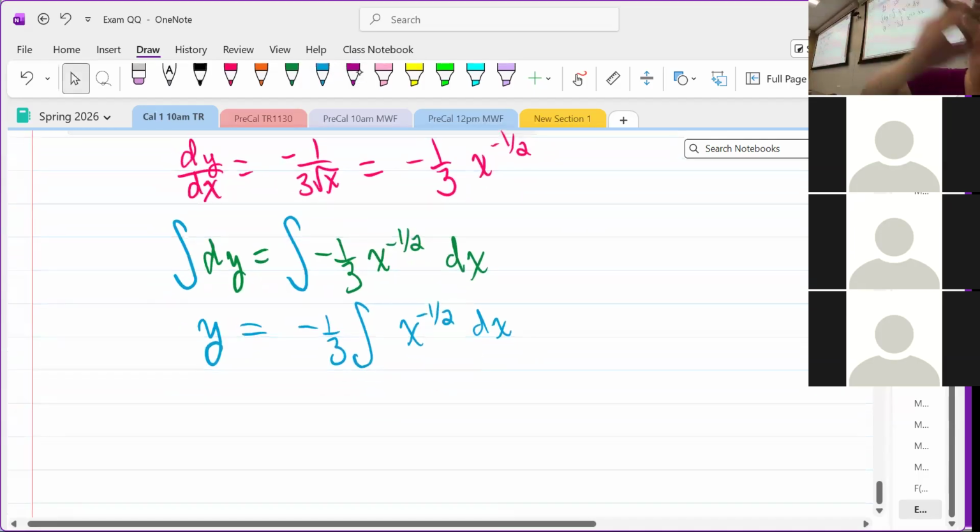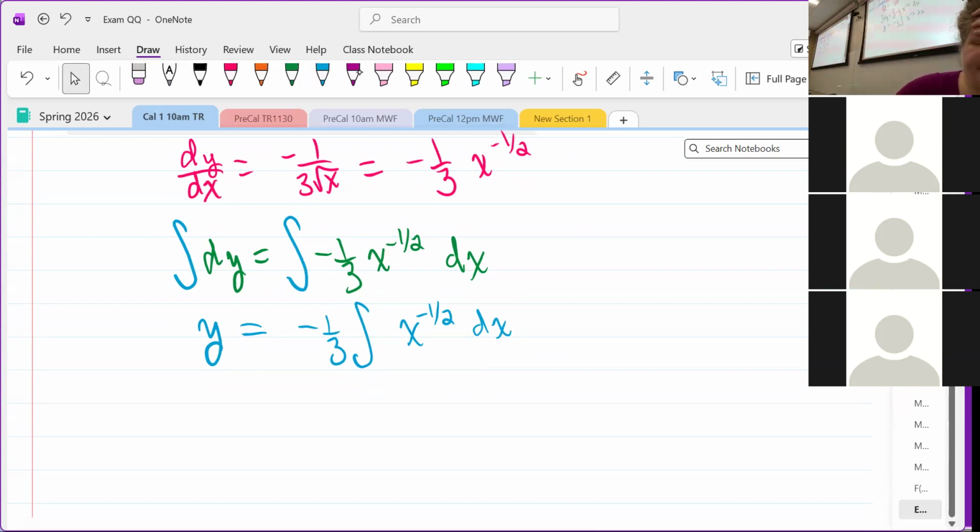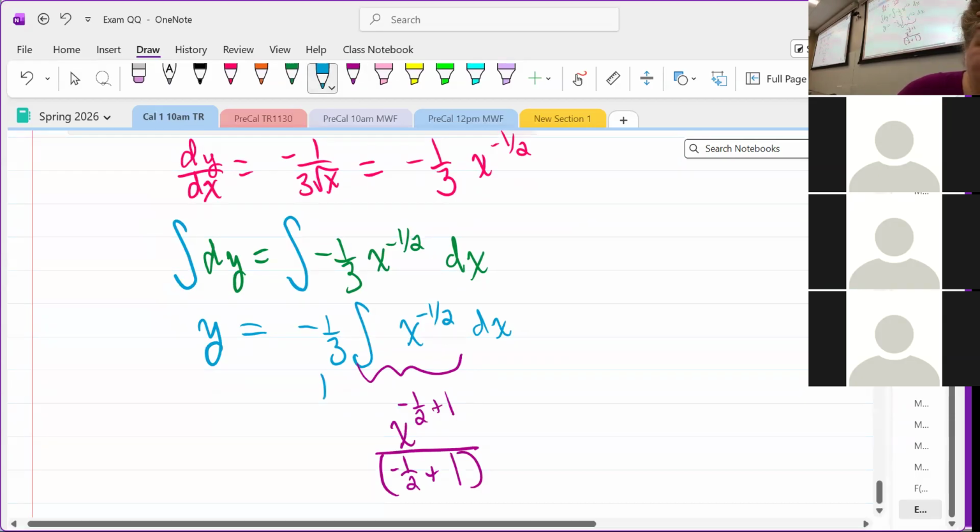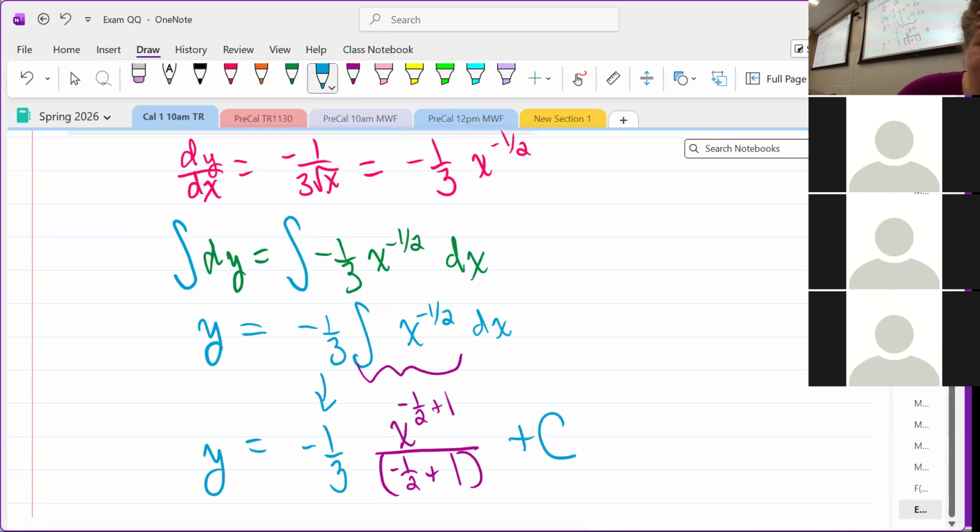So instead of power down and subtract 1, do that process inside out and backwards, add 1 and divide. So the antiderivative of x to the negative 1/2 becomes x to the negative 1/2 plus 1 divided by negative 1/2 plus 1. I still have my negative 1/3 in front. My y equals that. And then because we're doing the indefinite integral, I need a plus c.